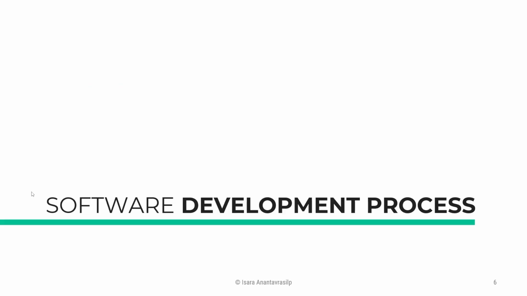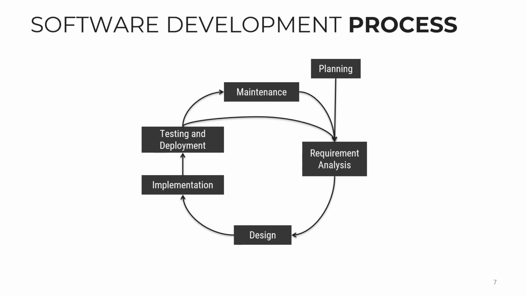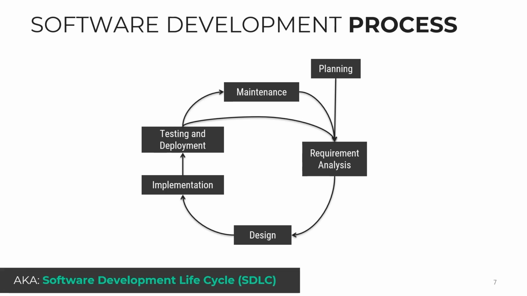Now let us discuss the software development process as a whole. You've seen this picture before. This is what we call the software development process or software development lifecycle. We start from planning. What should we do? Whether it's feasible, whether it makes sense to do.